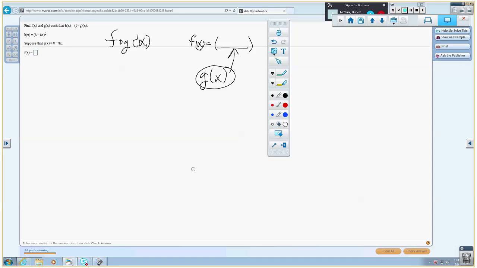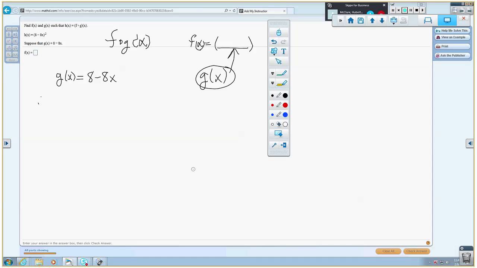You've got parentheses and you've got something squared. So 8 minus 8x is what? G of X. And it says it right there. So G of X is equal to 8 minus 8x.